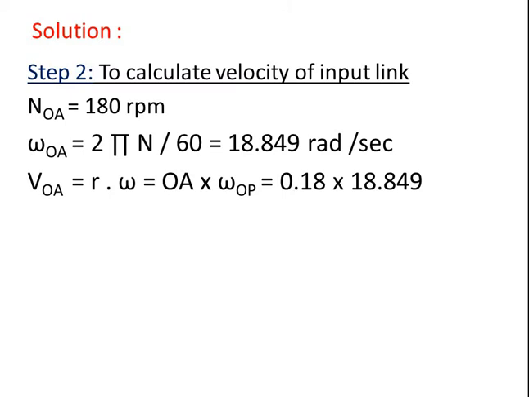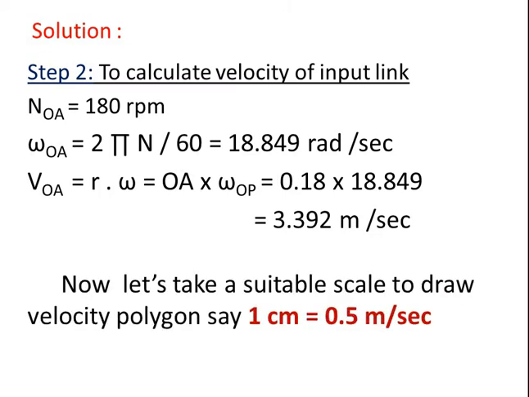We have to use the actual dimension of OA, which is given as 180 mm. We take it in meters so that we get linear velocity in meter per second. After calculating this, we get 3.392 meter per second.